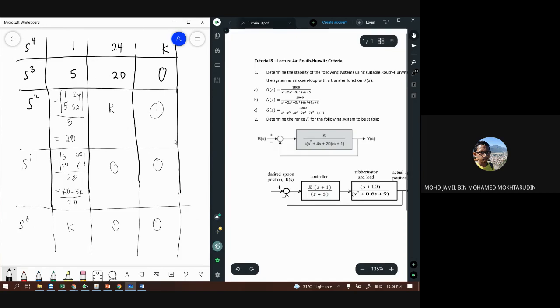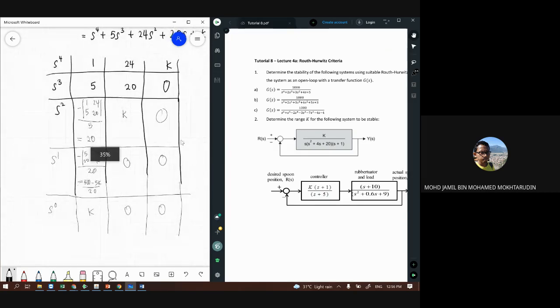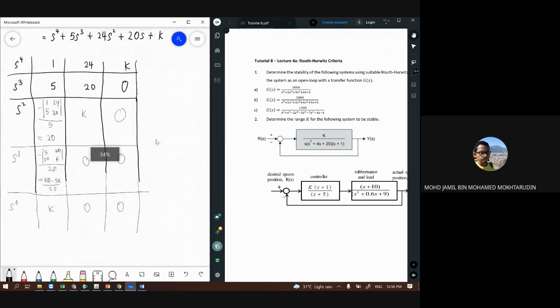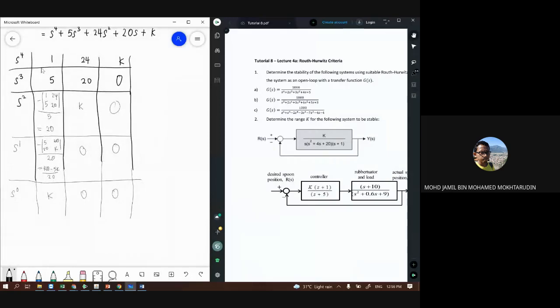Then we can analyze and determine the range based on the fact that the first column must be positive so that the system is stable. Okay. So this is positive and this is positive. So we have this row, where we have an expression in terms of K. So this value here must be positive.